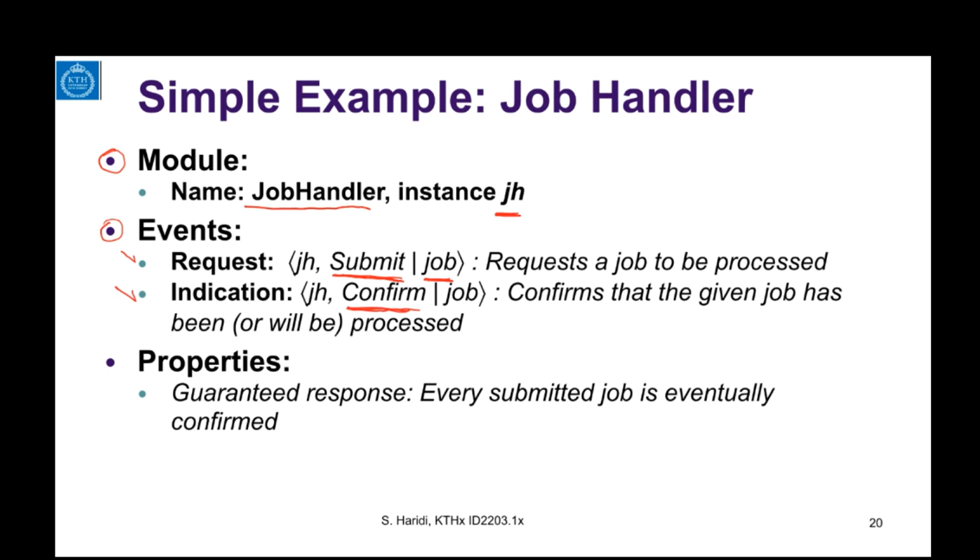So this event we call a confirm event, and it will have also an identifier for the job. We use as a convention the instance name to denote what component we are referring to, JH in this case. And here is the property we want to satisfy, which we call guaranteed response. Guaranteed response says every submitted job is eventually confirmed.